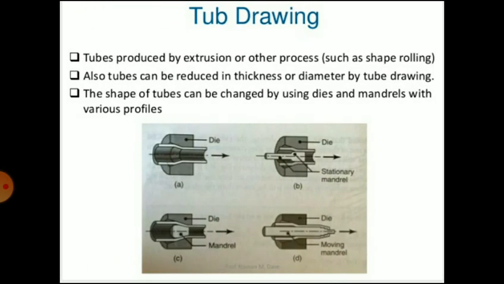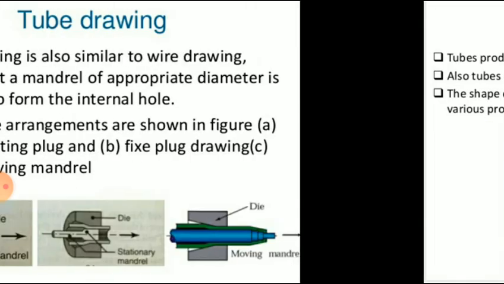Then next is tube drawing. So tubes are produced by extrusion or other processes such as shape rolling. Also tubes can be reduced in thickness or diameter by tube drawing. The shape of the tubes can be changed by using dies and mandrels with various profiles.